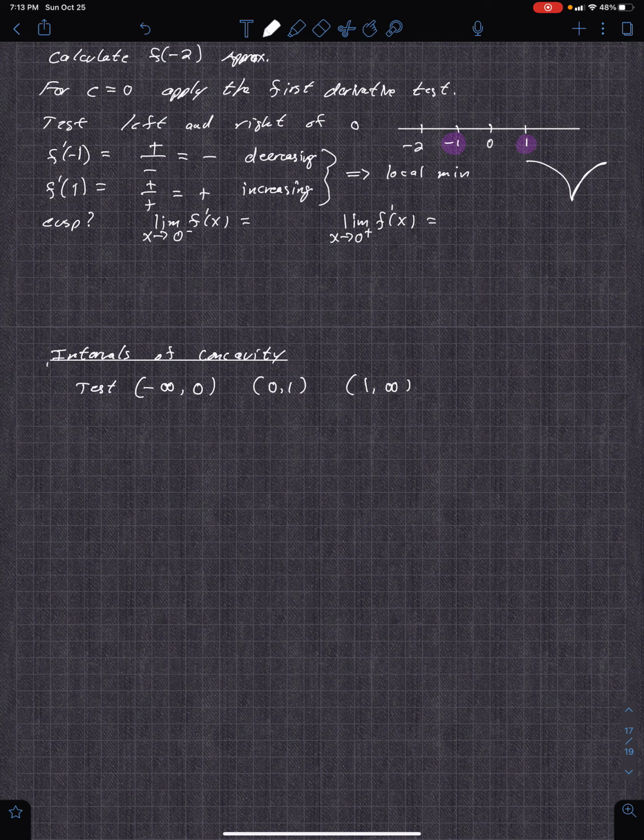Then you test f double prime of x. Negative, negative, so nothing there, but at 1 you do get something. You get a positive. So x equal to 1 is an inflection point. We got an inflection point at 1.